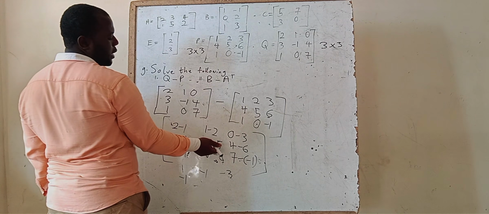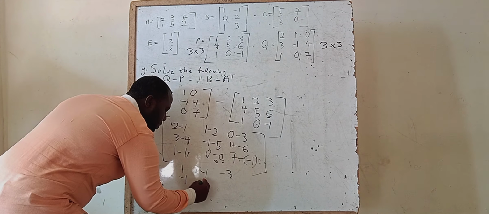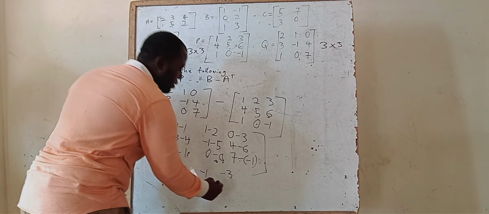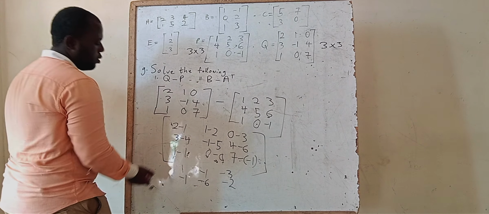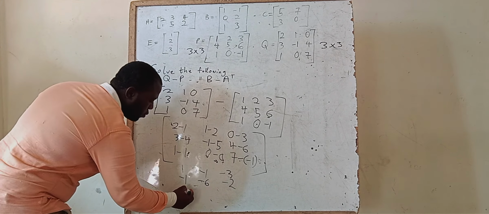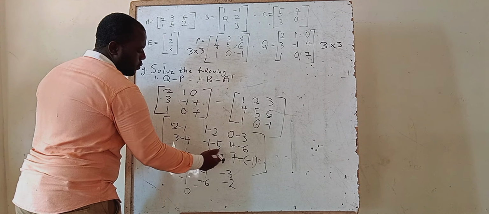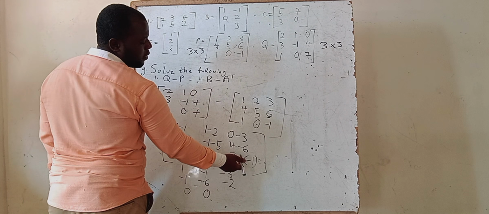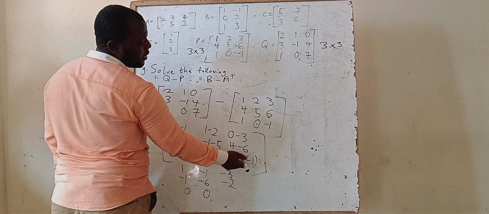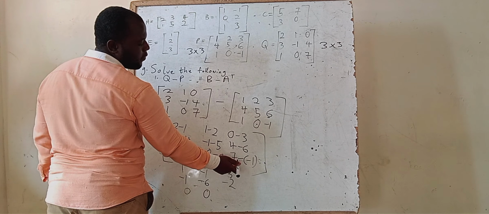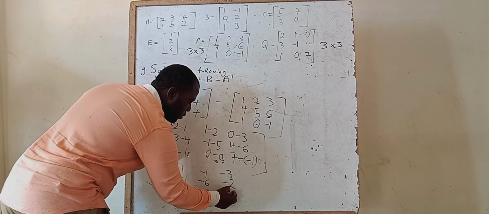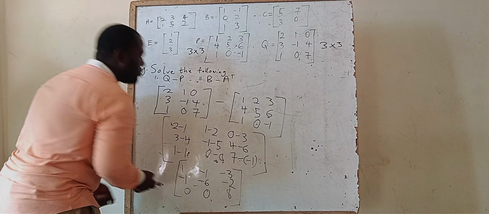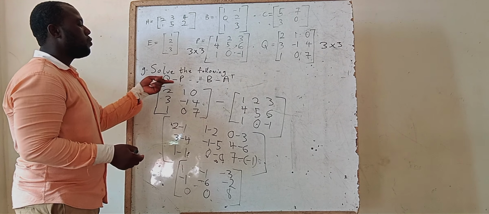Negative 1 minus 5 will be negative 6. 4 minus 6 will be negative 2. 1 minus 1 will be 0. 0 minus 0 will be 0. 7 minus negative 1: negative 1 and negative 1 will become positive. So it will be 7 plus 1. 7 plus 1 is 8. So this is the result for Q minus P.